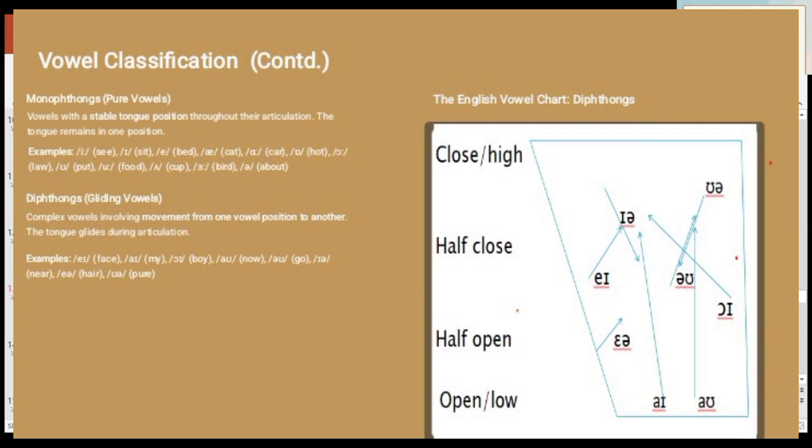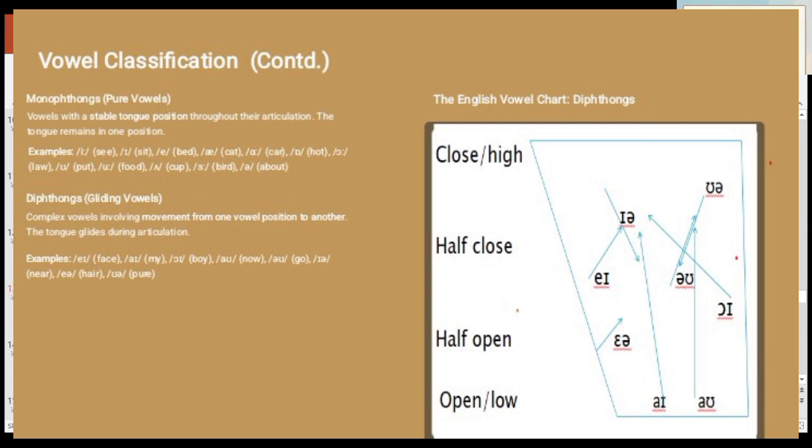Now, the second category based on this same parameter is what we call the diphthongs. They are gliding vowels. We say gliding because in the course of producing the vowels, the tongue moves from one position to another. So they are said to be complex vowels.